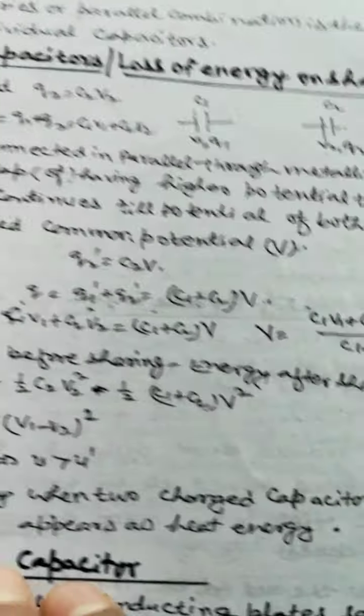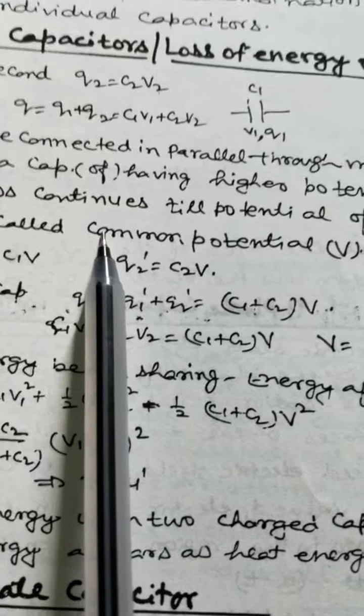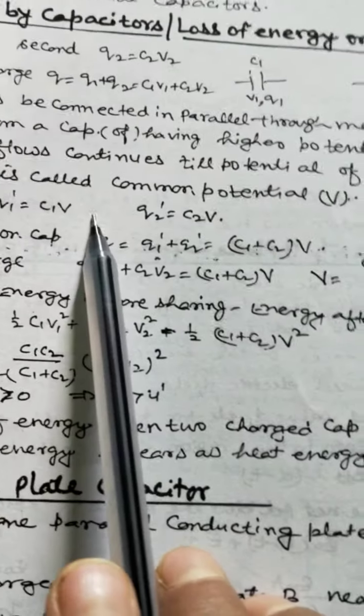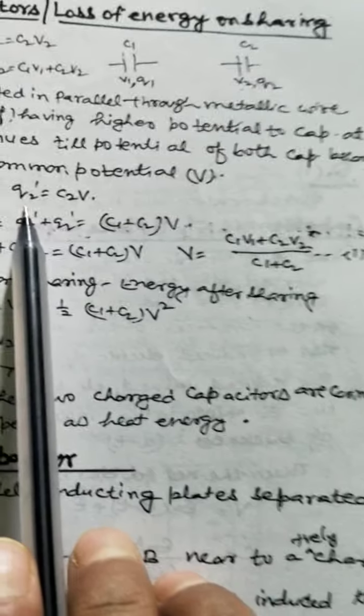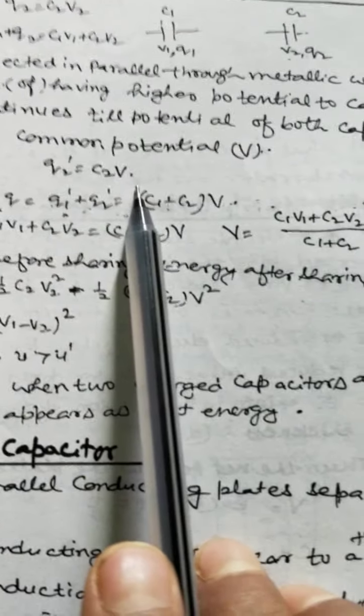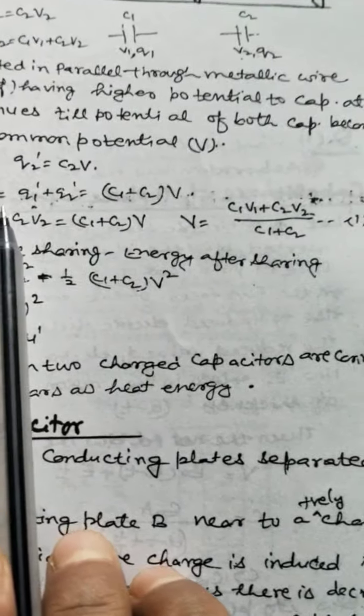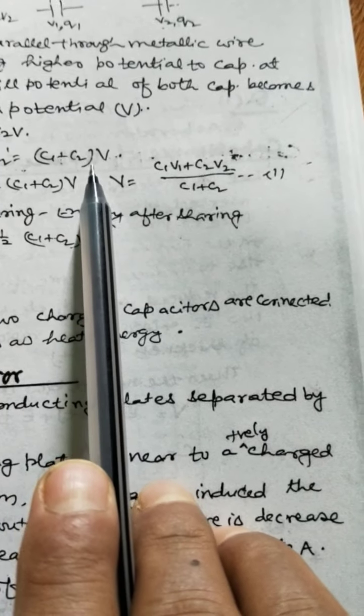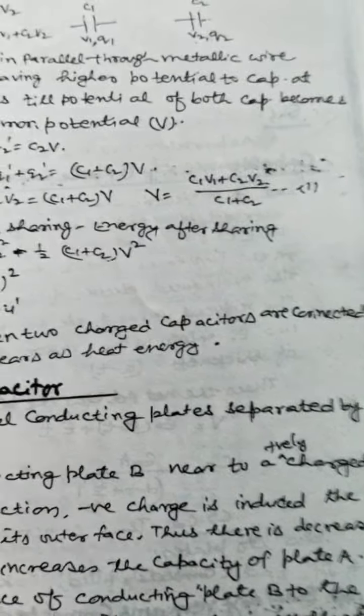This potential is called the common potential. Now after sharing, the new charges are Q1 dash equal to C1V and Q2 dash equal to C2V. The total charge Q1 dash plus Q2 dash is C1V plus C2V, so taking common, C1 plus C2 into V. So we know conservation of charge.